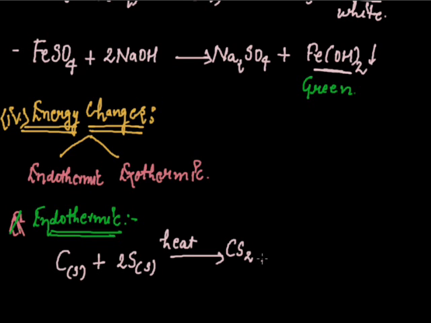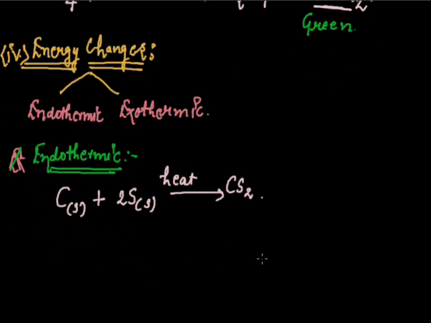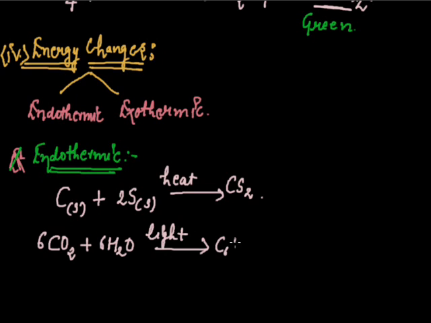Energy is also absorbed in the biochemical reaction photosynthesis, by which green plants prepare their food from carbon dioxide and water. The photosynthesis reaction is 6CO2 plus 6H2O in the presence of sunlight forms C6H12O6 plus 6O2.